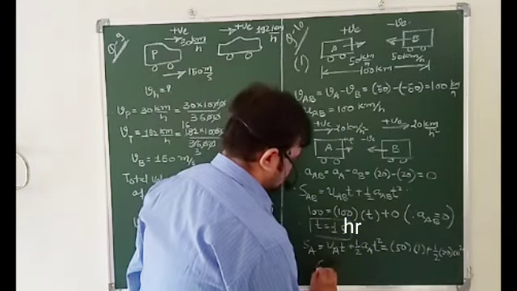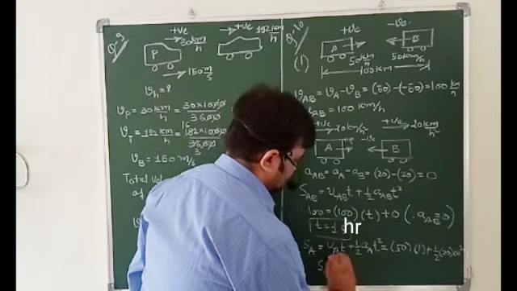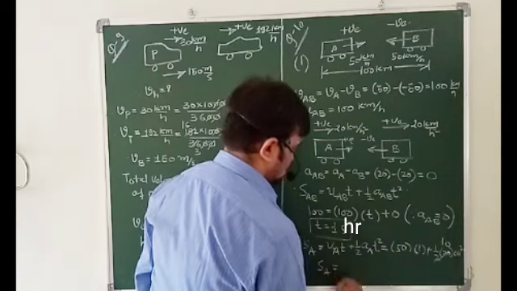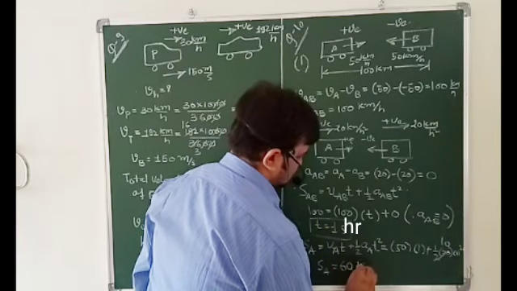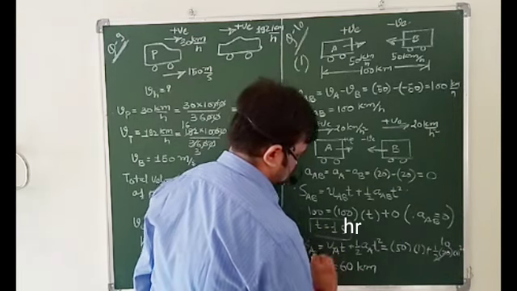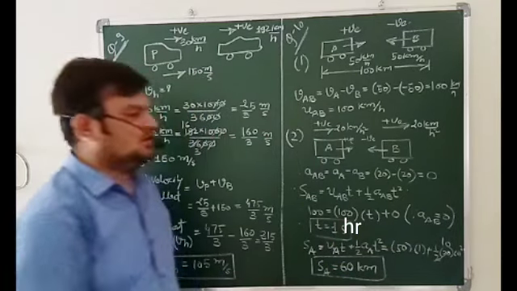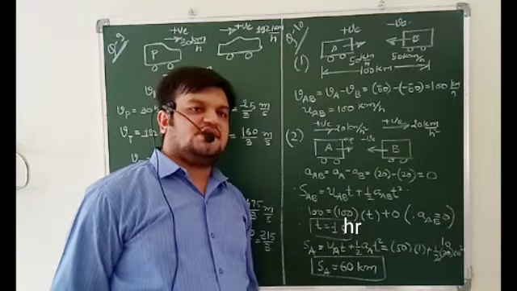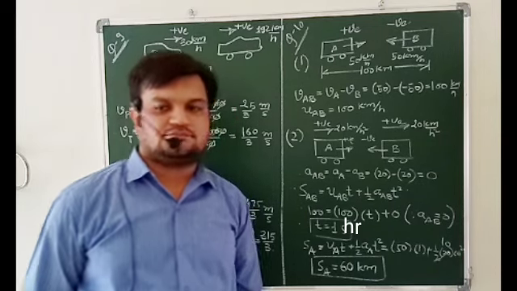So ultimately the distance covered by A is 50 plus 10, so 60 kilometers. So the distance covered by A will become 60 kilometers.